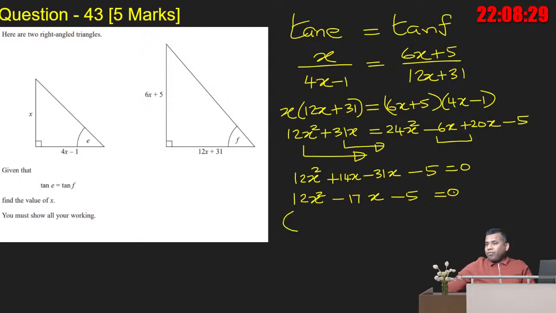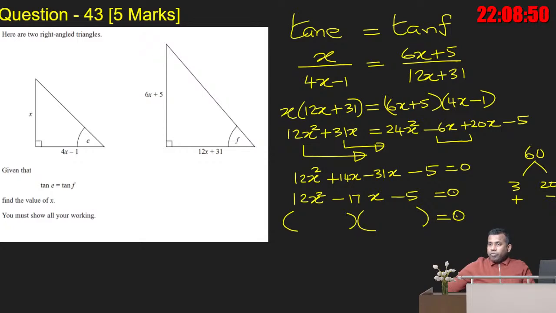So now you have to put this into two brackets. Again, you can use the calculator to solve. Manually, 12 times 5 is 60. 60's factors are 3 and 20, right? 20 has the minus and this one is plus.